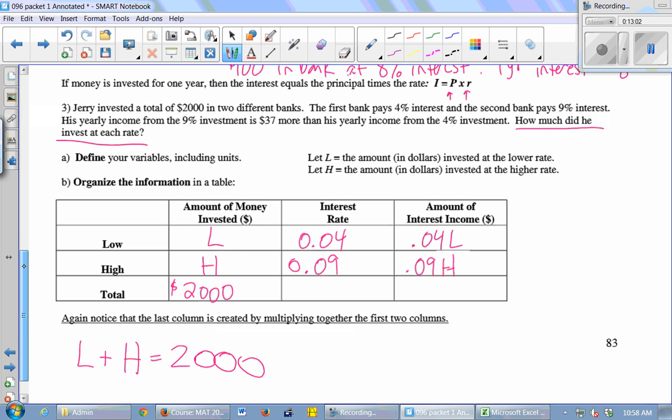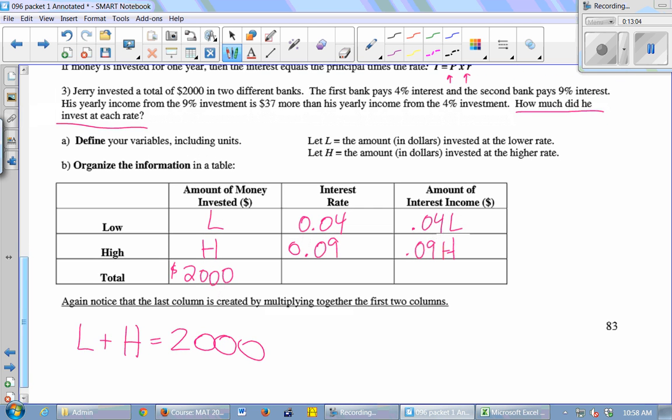All right, and then the amount he earned in interest, right? His income from the 9% investment. Let me do this in a separate color here. So his income from the 9% investment.